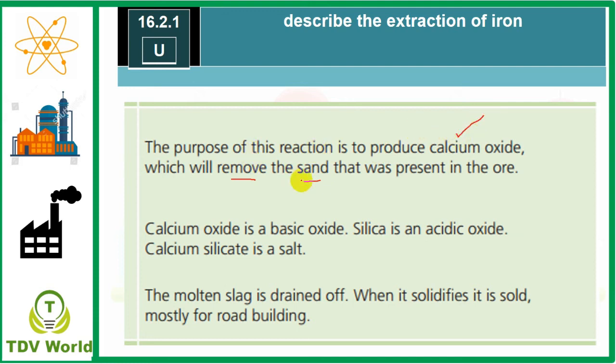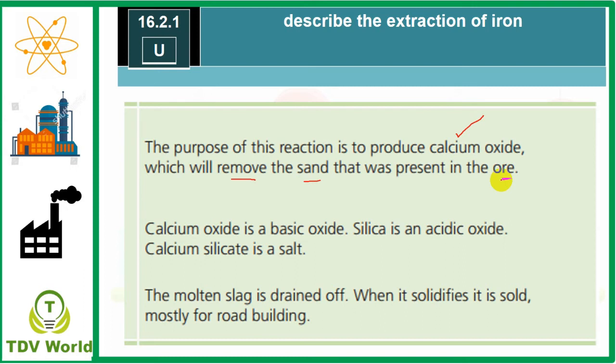To remove the sand that was present in the ore. Whatever gangue is present in the ore needs to be removed. So this calcium oxide is going to remove the sand that was part of the ore.